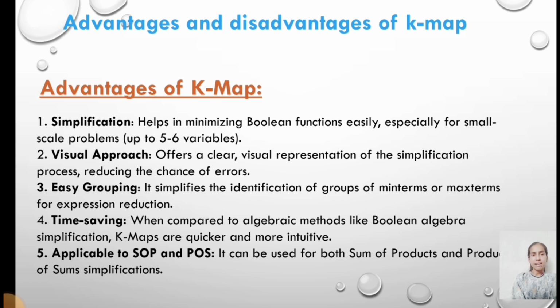It simplifies the identification of groups of minterms or maxterms for expression reduction. Fourth, time saving. When compared to algebraic methods like Boolean algebra simplification, K-maps are quicker and more intuitive. Fifth, applicable to SOP and POS. It can be used for both sum of products and product of sums simplifications.